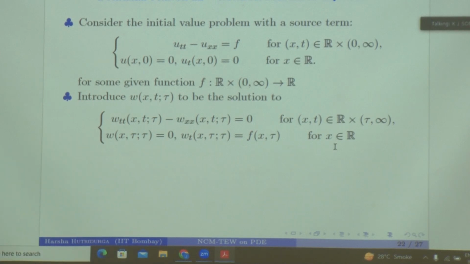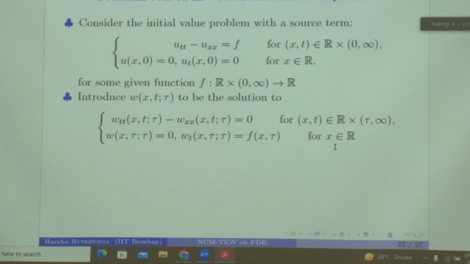So let me clear this. Okay. So this is our t-axis, right? This is our x-axis. So this is the 0, t equal to 0. Now, we are supposed to solve it starting from t equal to 0.